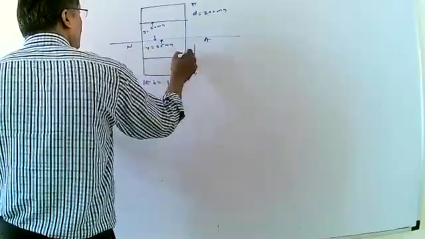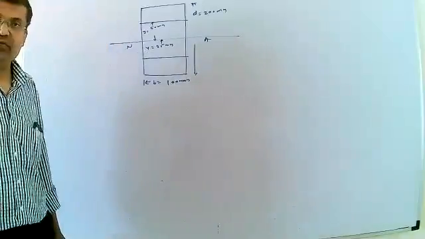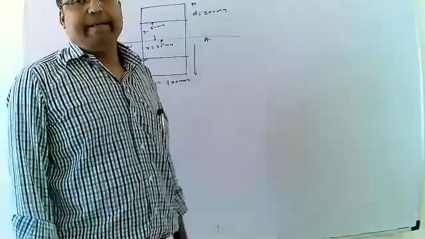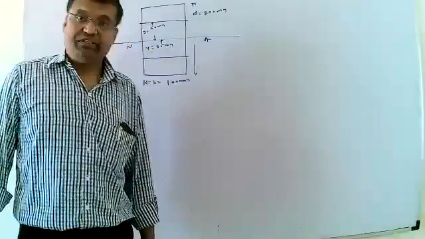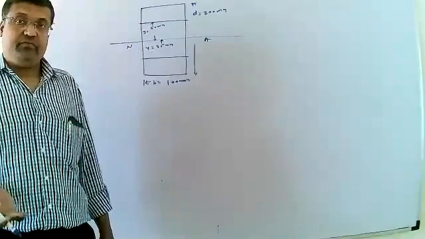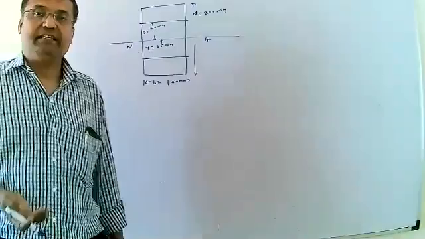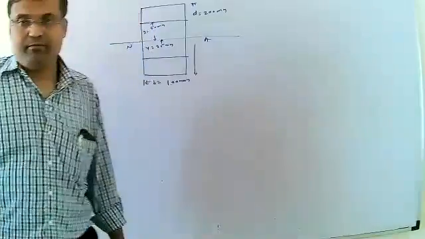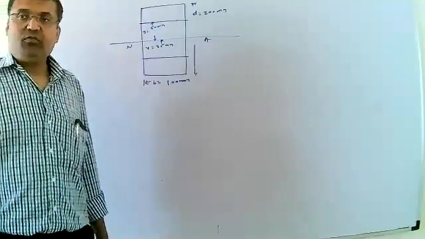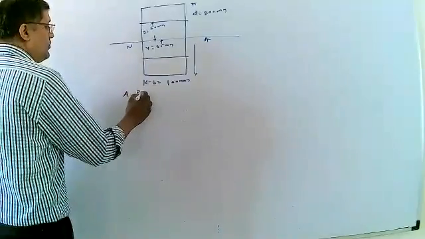Below and above distance from the neutral layer is provided, and we have to calculate shear stresses induced on the layer above the neutral axis, that is 50 mm, and below the neutral axis, that is 25 mm.